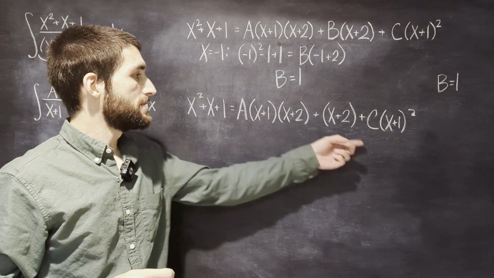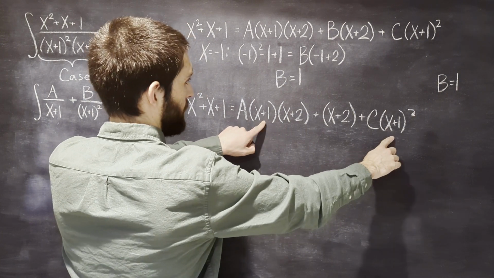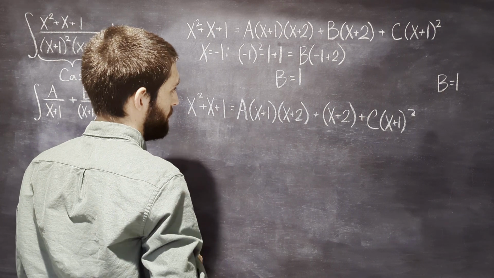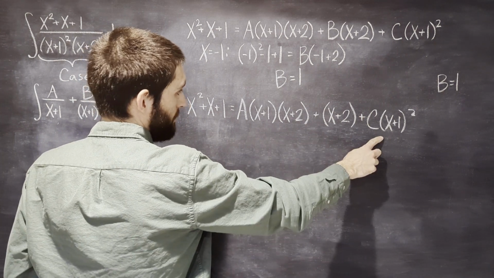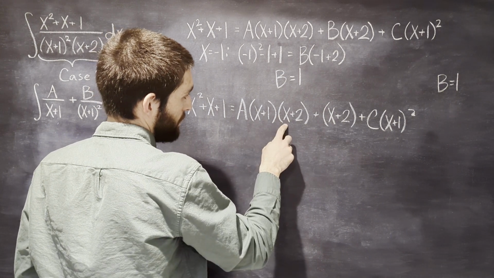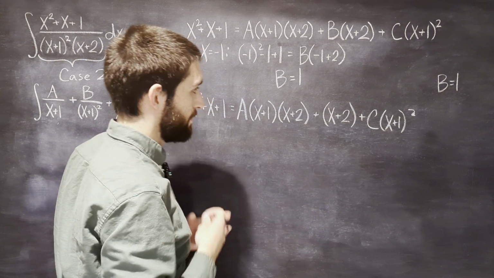And now we just have a and c to solve for. We notice that both groups contain x + 1, but only this group contains x + 2. So if we'd like to isolate c, we can choose x equals -2, giving us -2 + 2 equals 0, canceling out a, and leaving only c to solve for.